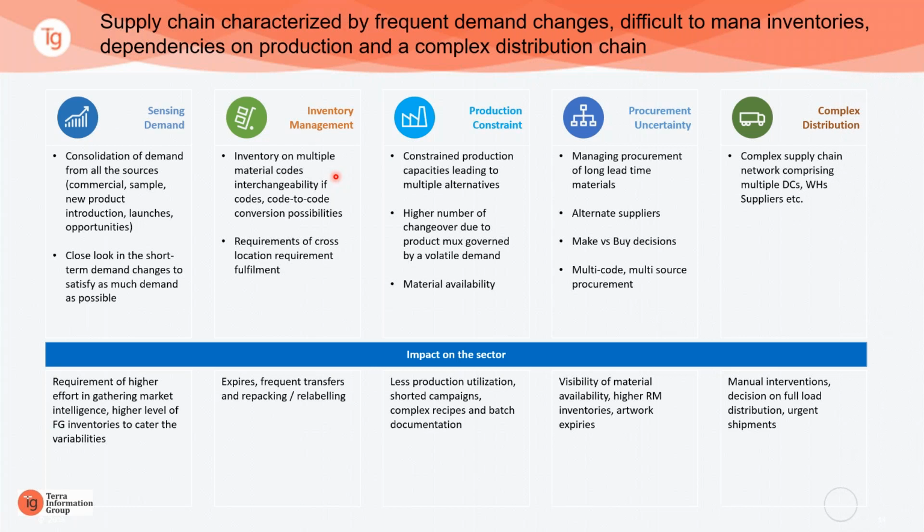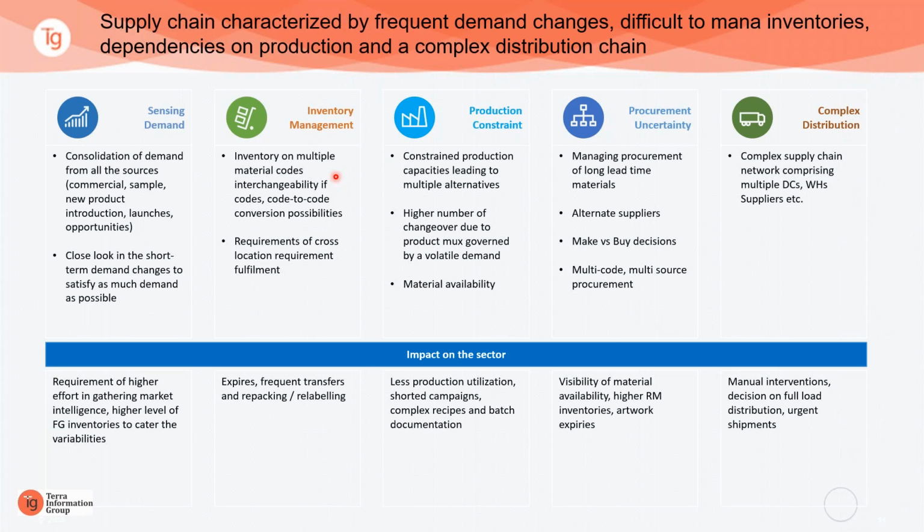Similarly, from the production point of view, we all know there are a lot of constraints when it comes to capacities, supplier or material availability, and there are a lot of changeovers within any kind of organization. It may be pharma, automotive or FMCG.